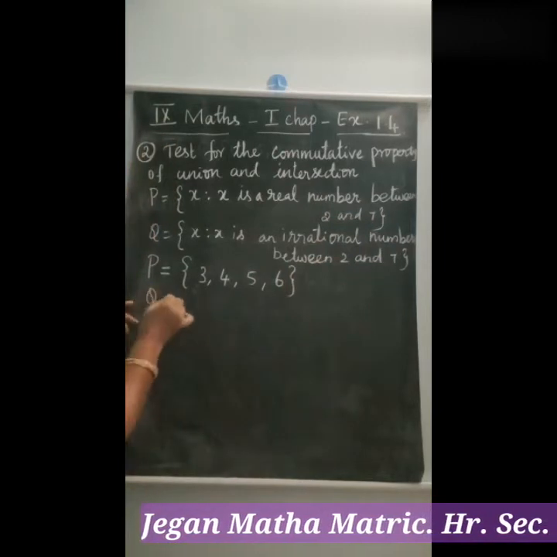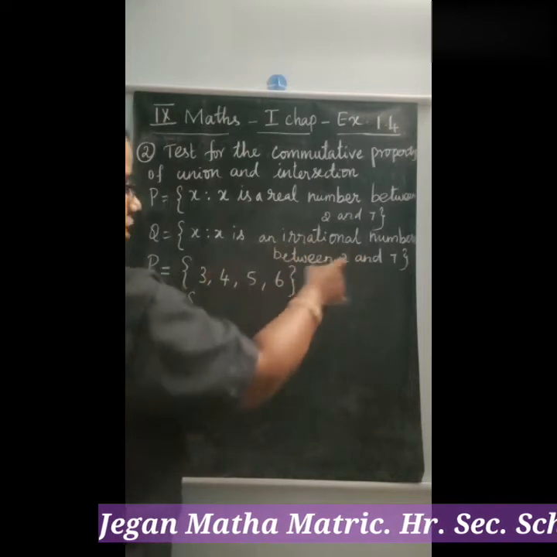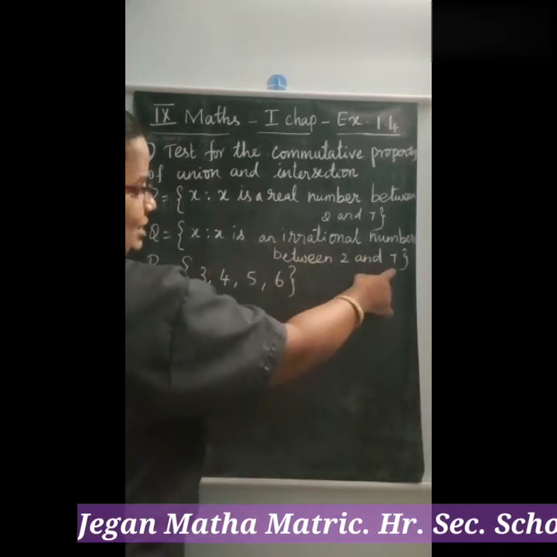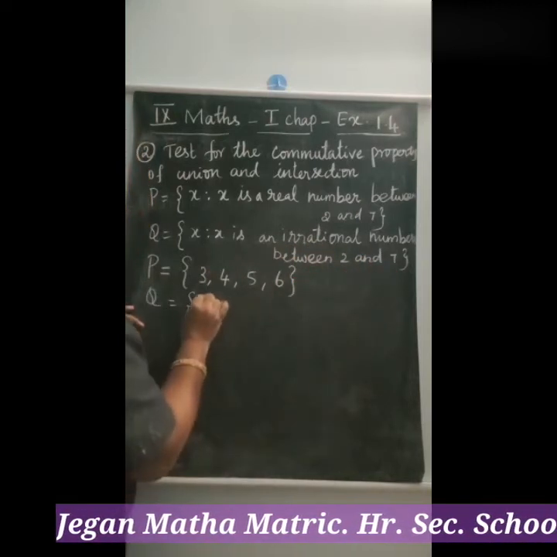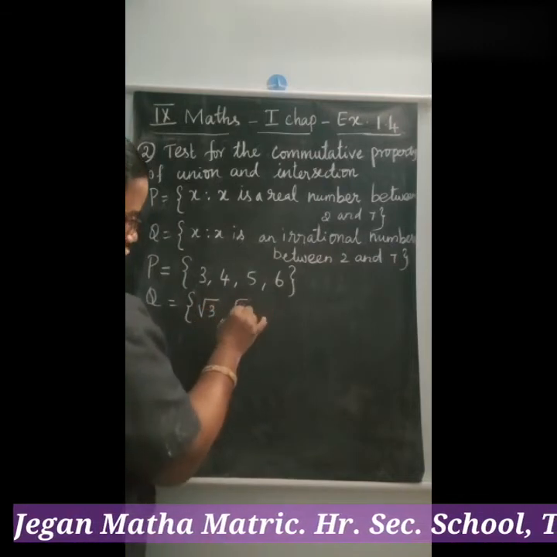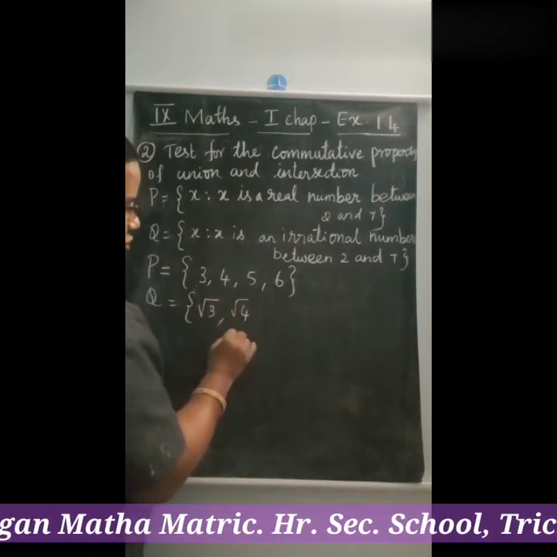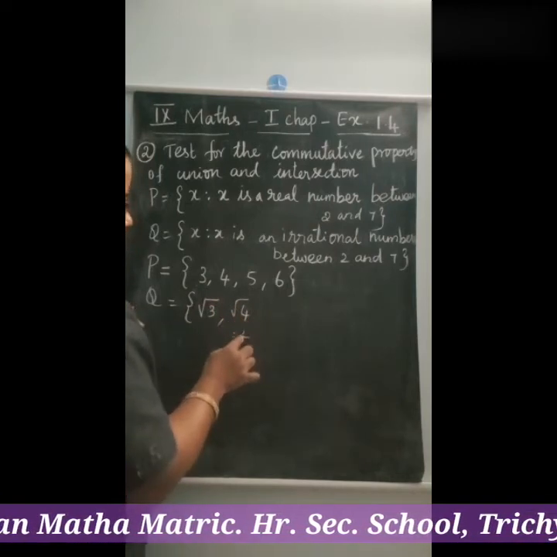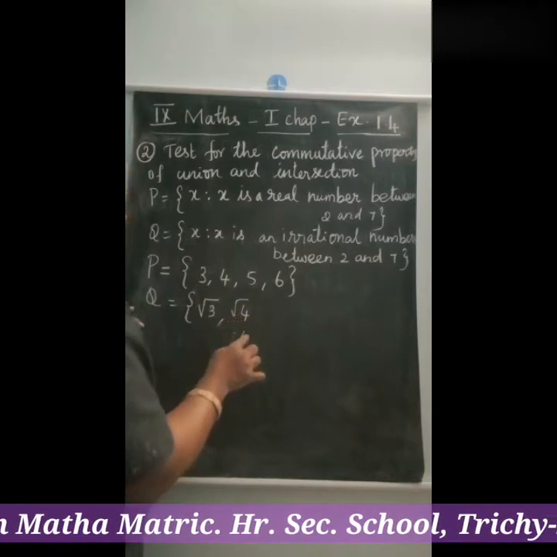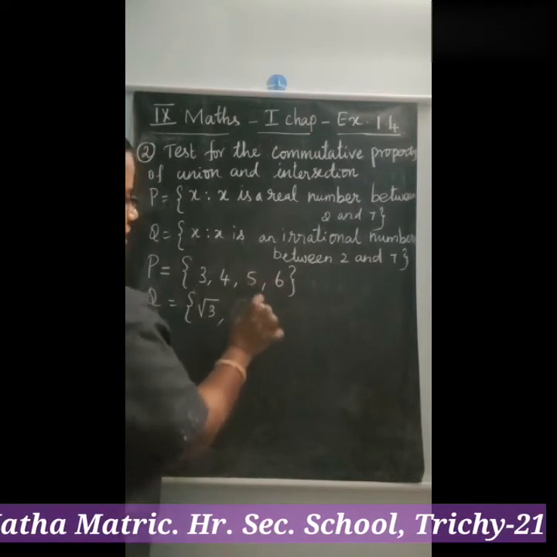And what is Q? Q is equal to {x such that x is an irrational number between 2 and 7}. Irrational numbers means you have to take root 3. Don't take root 4, because root 4 is 2, which is a whole number, so it is not an irrational number.